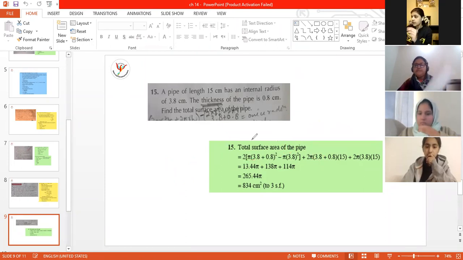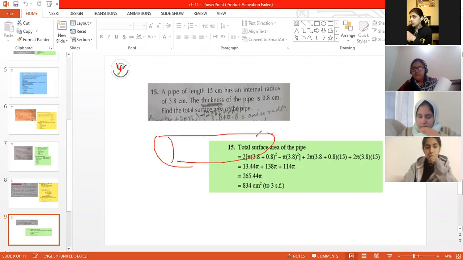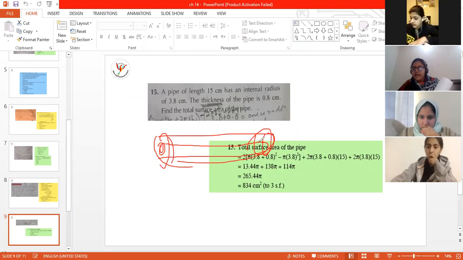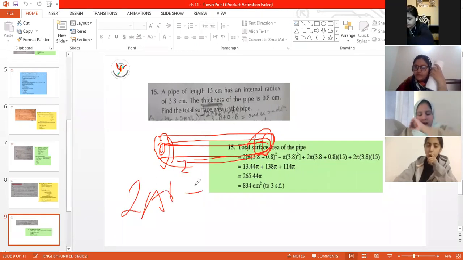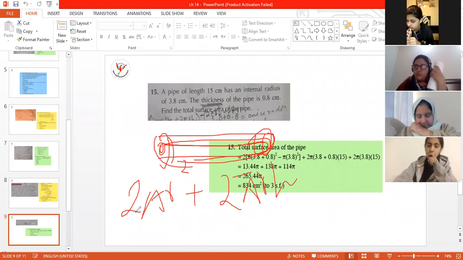Okay, see this. Bache, if this is a pipe, there is an internal pipe. 2 pi r square plus 2 pi rh is the formula to find the surface area of the pipe.